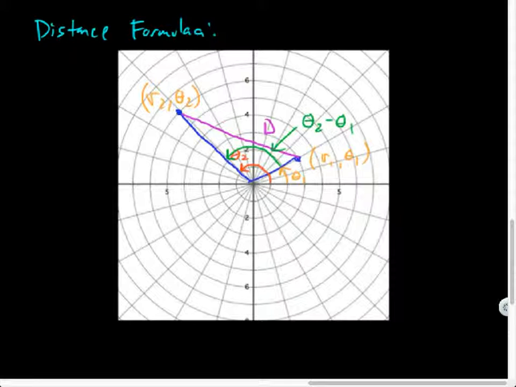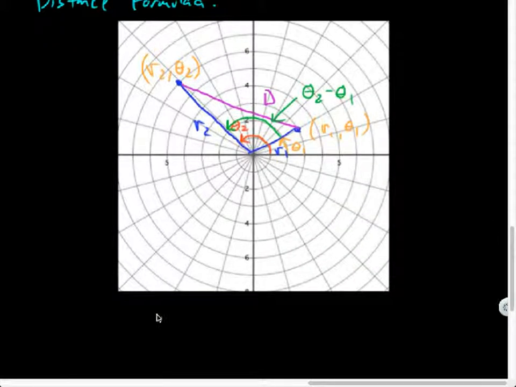These blue distances, this is r1 and r2. So the distance between these 2 points is this purple line segment, right? It's actually the missing side of a triangle, and I can do a law of cosines problem with this. You don't need to know law of cosines, really not necessary.